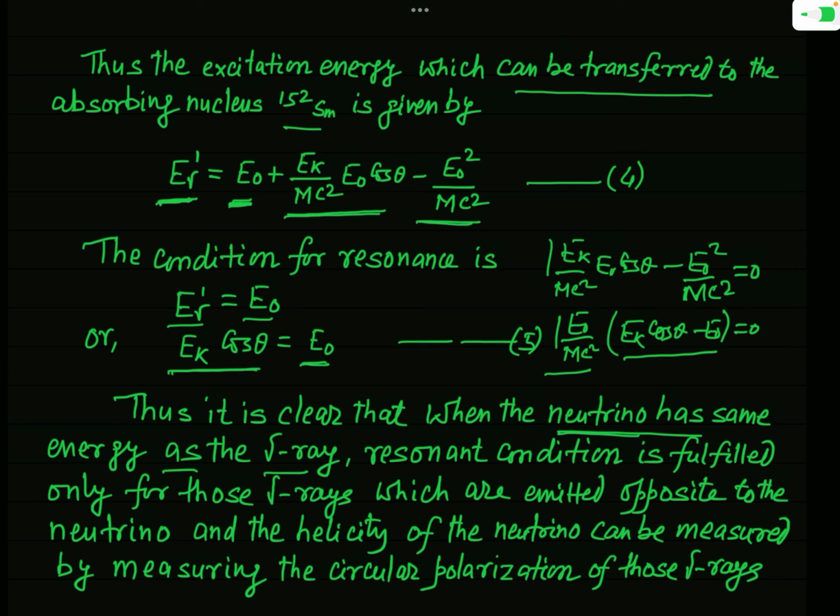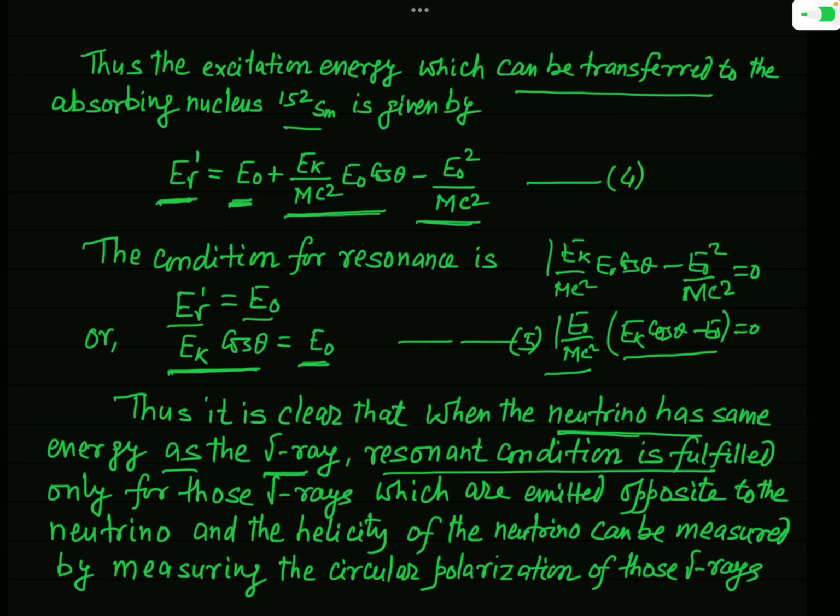So from this result we can say that when the neutrino has the same energy as the gamma ray, then the resonant condition is fulfilled. The resonant condition will be fulfilled only when the energy of the neutrino and that of the gamma ray are equal.